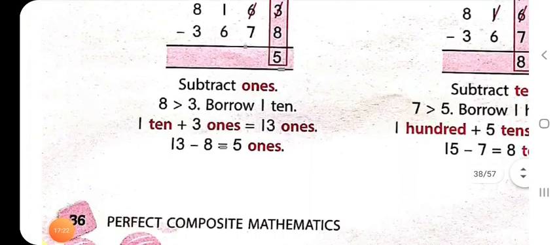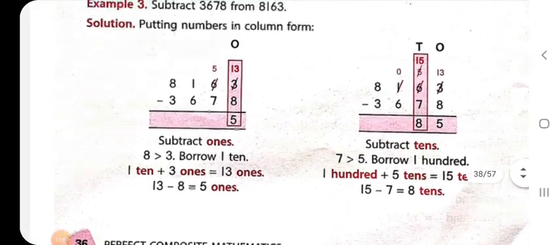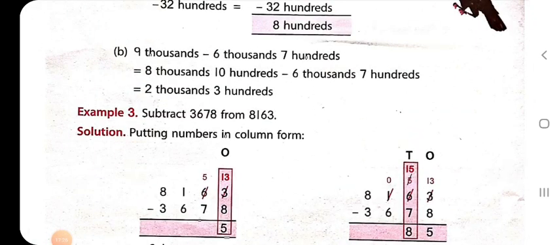Moving to the next. Subtract 3678 from 8163. As you can see, it is a simple subtraction.